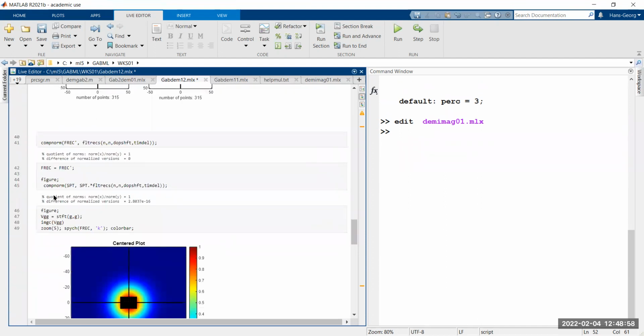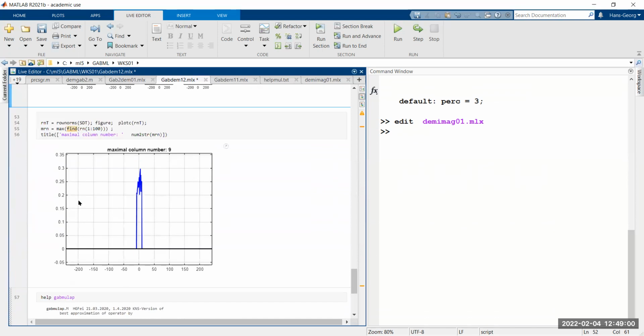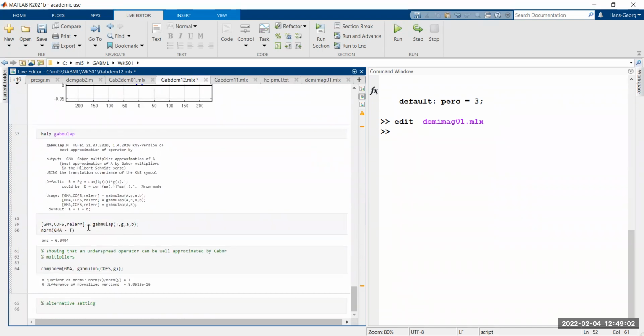Now, if I look at the result of the command, what do you need as ingredients? You say, I have an operator, which in our case is represented as an ordinary matrix multiplication from the right, of format n by n. You describe the Gabor system by saying, I would like to use the atom g and the parameters a and b, and then please give me the Gabor multiplier, which is the operator written in this way.